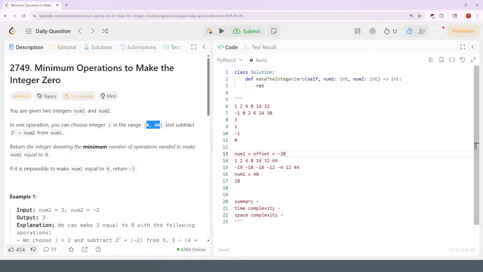I think I could use a heap, where the heap is how far the current number is from 0. I don't think that works.